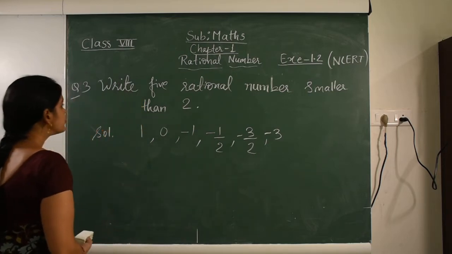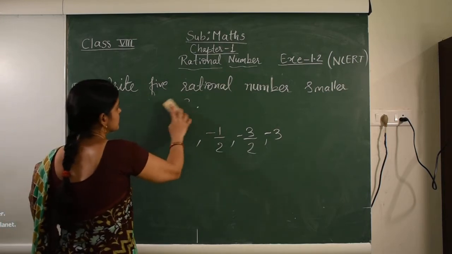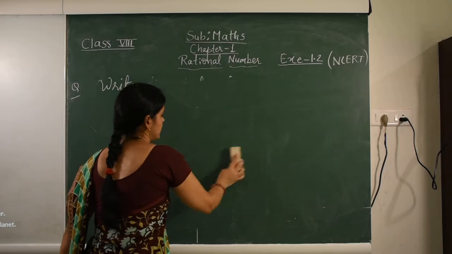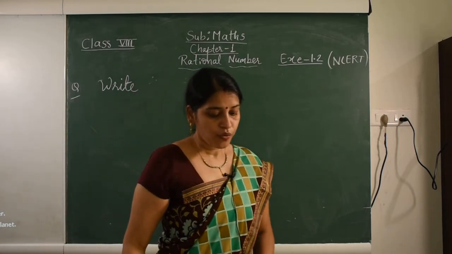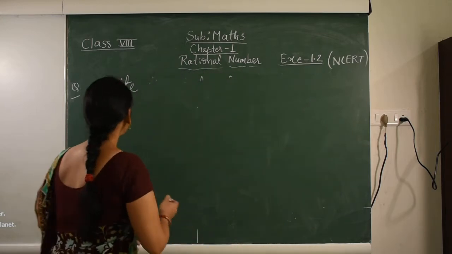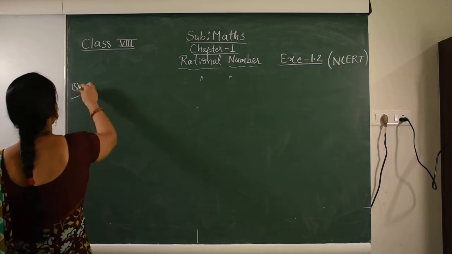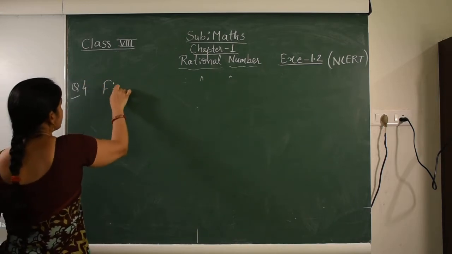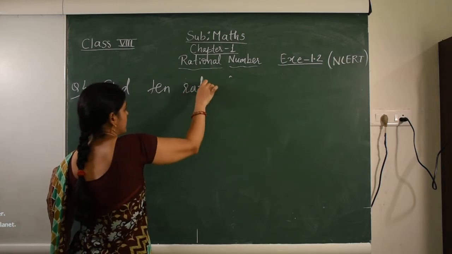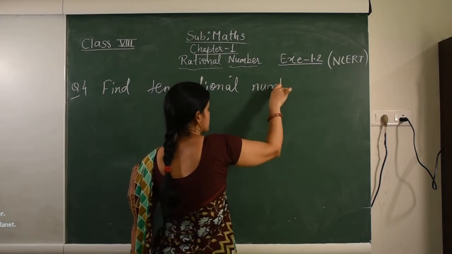Okay. Now let's see question number 4. The fourth question is: find 10 rational numbers between 2 rational numbers.